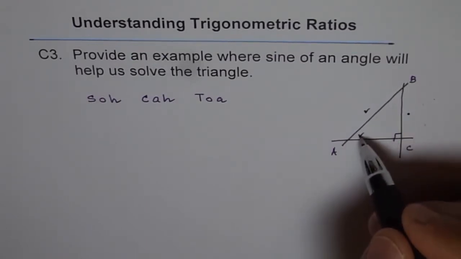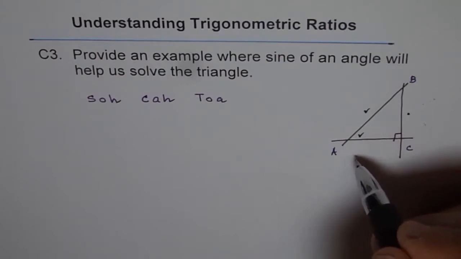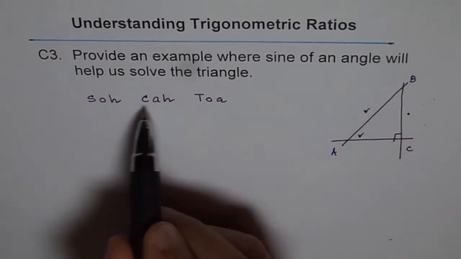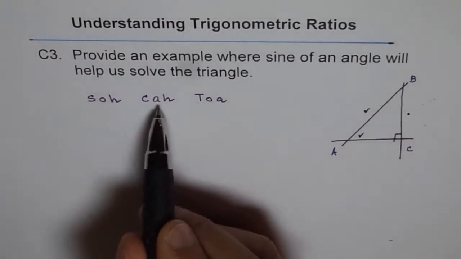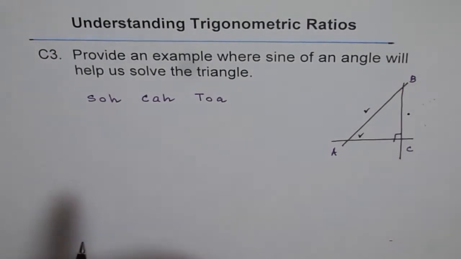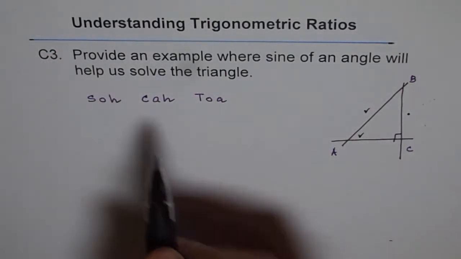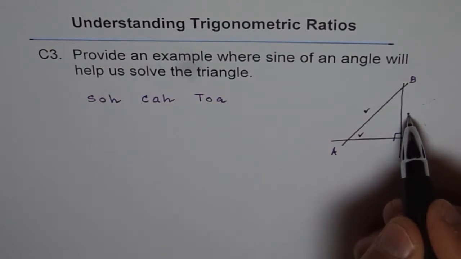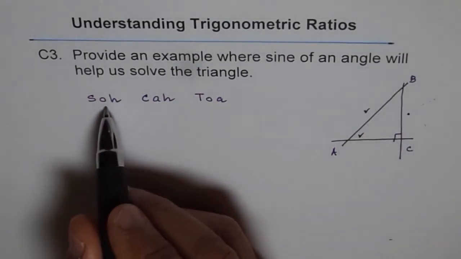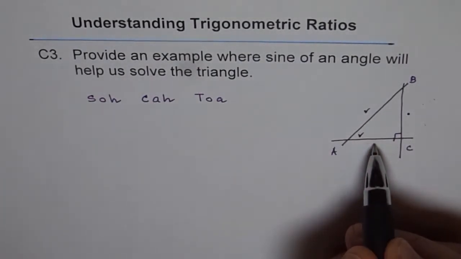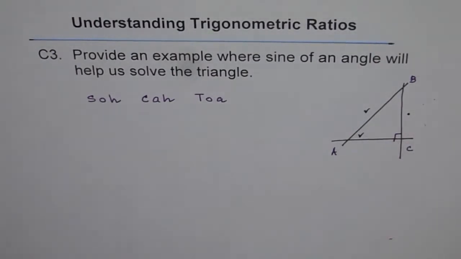Now if you know angle and hypotenuse, then the two ratios related with hypotenuse are sine and cosine. So one of them can be used. If you have to find the opposite side, you should use sine. If you want to find the adjacent side, you should use cosine. That is how you decide whether sine or cosine of an angle should be considered.